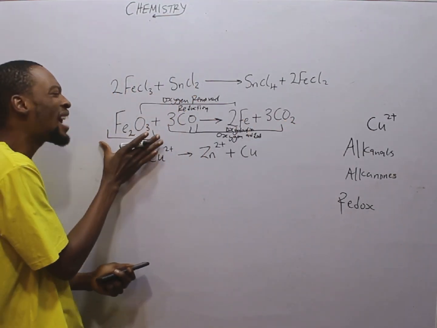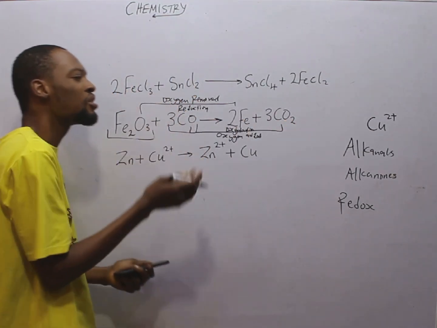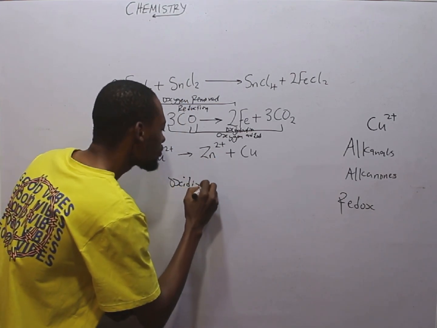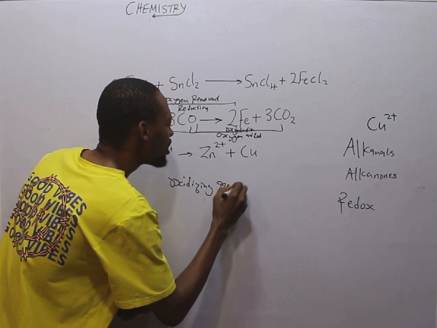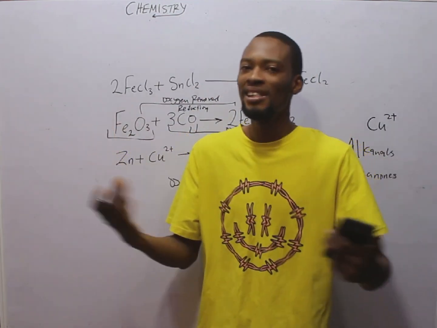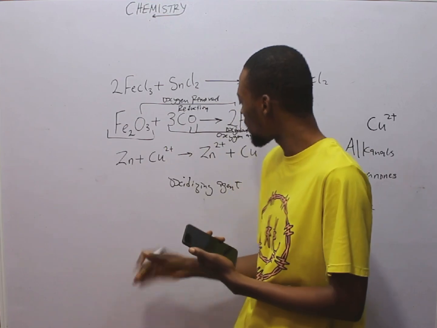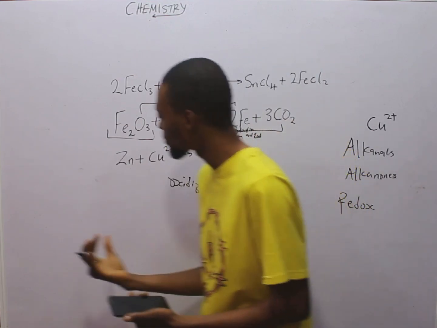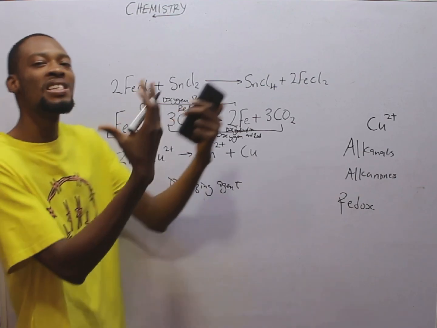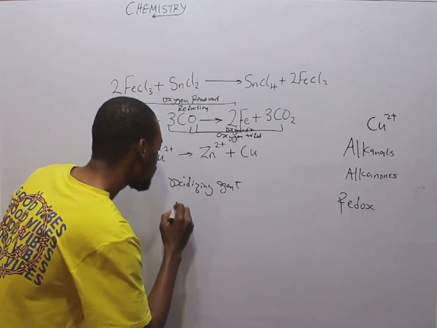Now, the one that is reduced is called the oxidizing agent. In a redox reaction, the element or species that is reduced is referred to as the oxidizing agent. Now, this one is oxidized. The one that is oxidized is called the reducing agent.